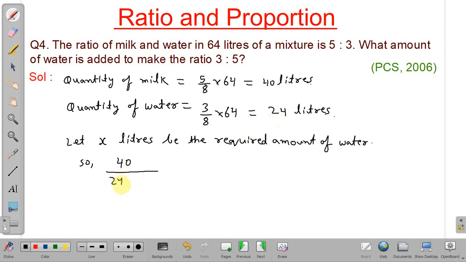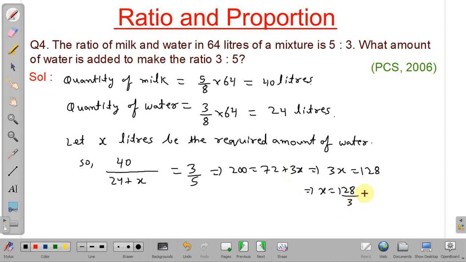So it is 24 plus x, and the ratio will be 3 is to 5. So from this, after cross multiplying, we will get 200 equal to 72 plus 3x, or 3x equal to 128. So x will be equal to 128 by 3, or 42 and 2 by 3 liters.